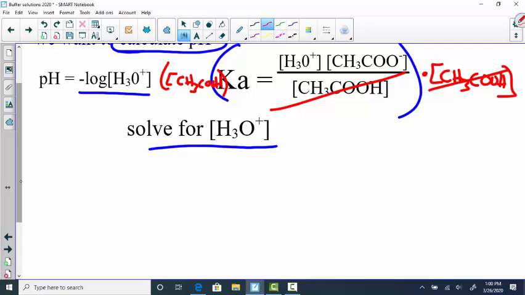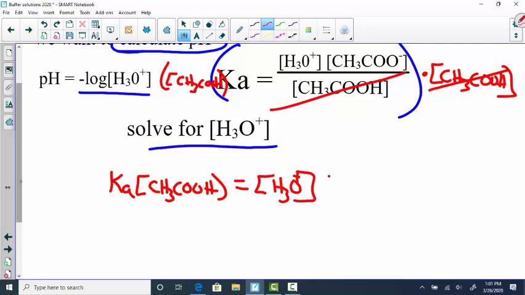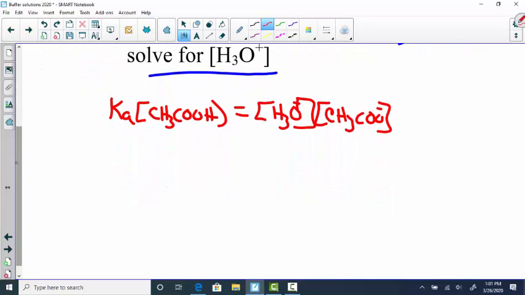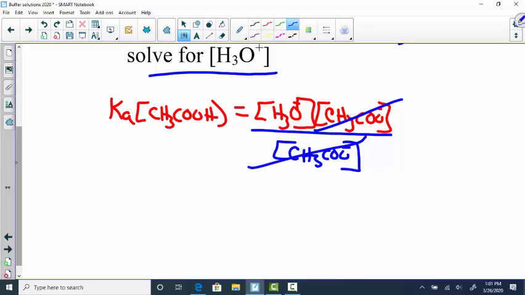Right now I'd have Ka times the acid concentration equals H3O plus times this concentration. Remember what I'm solving for: I'm solving for H3O plus. So what I'm going to do is divide by that concentration, which cancels that, and divide by this over here.